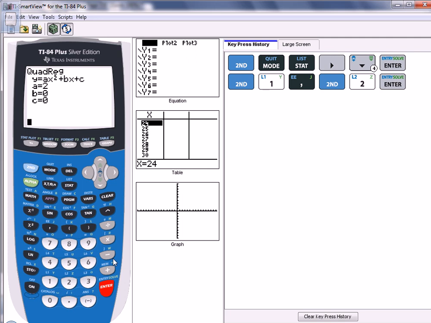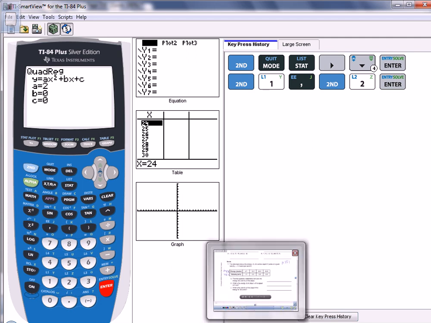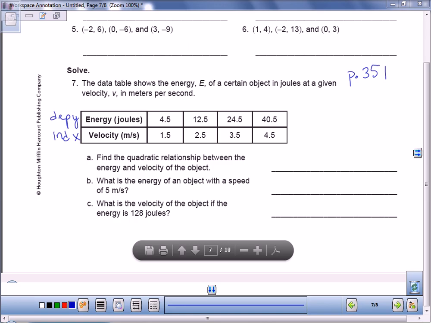Now, does everybody see it gave us an A, it gave us a B, and it gave us a C? What it has done for us is created the equation for this set of data. It said A was 2, B is 0, C is 0.